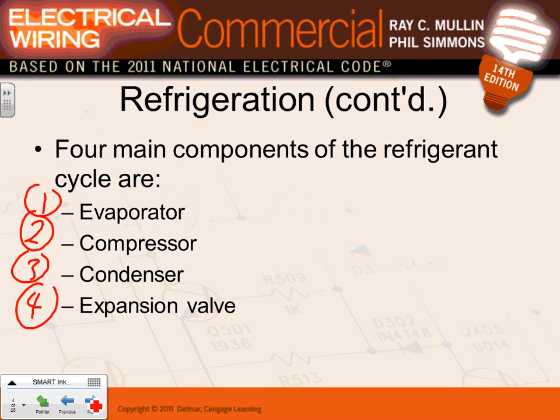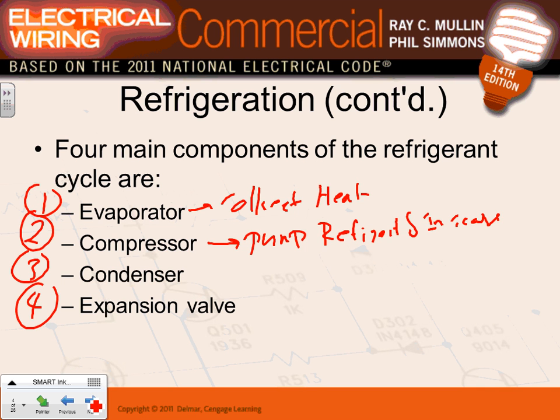Number 1, guys, we said the evaporator's job is to be inside the building, and you throw the air right through it and it collects the heat. This guy collects heat. The compressor's job, guys, is to pump the refrigerant and increase pressure.